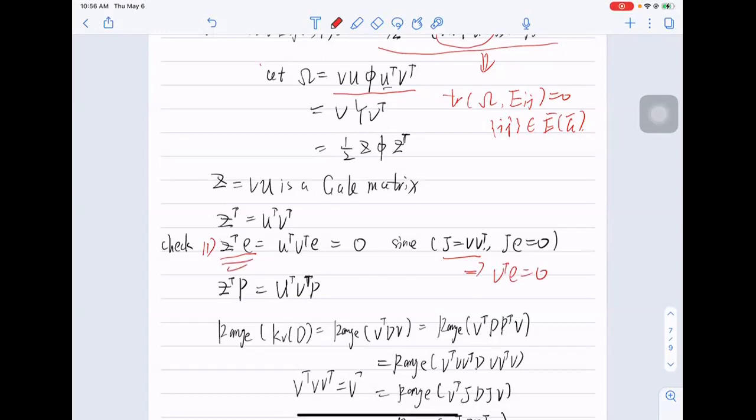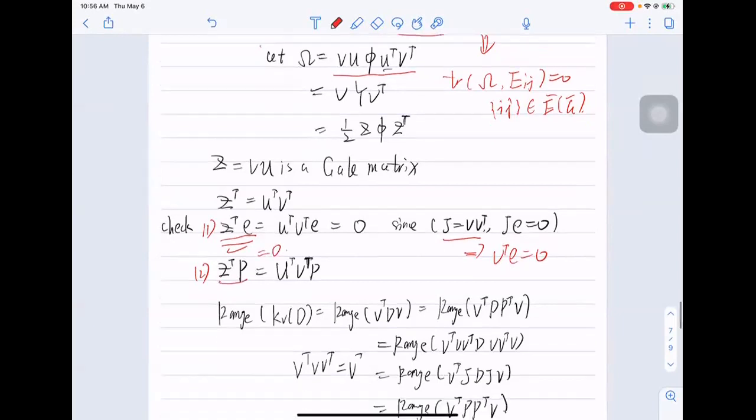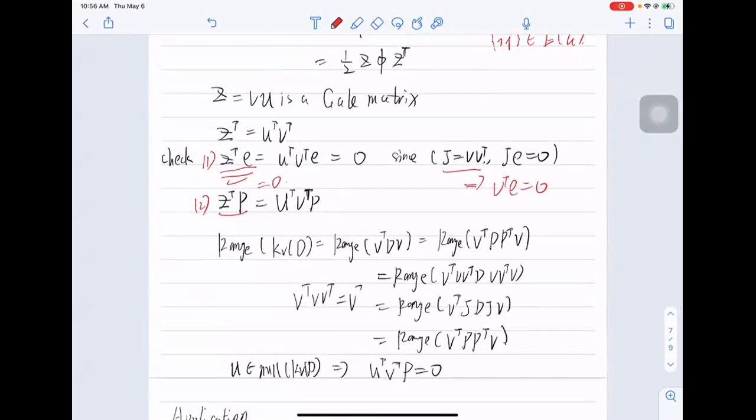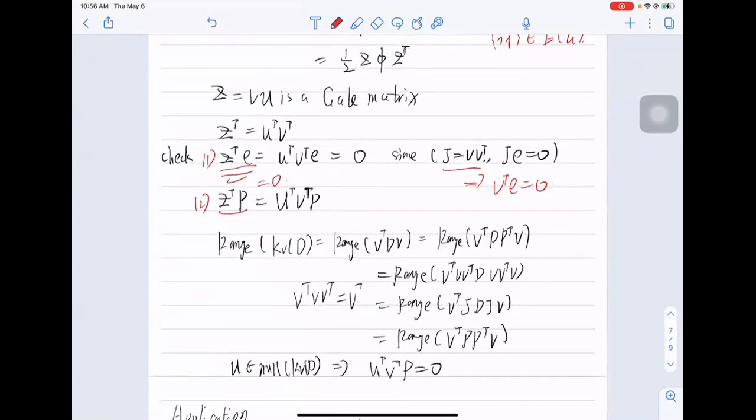Now I need to check Z transpose P is 0. So I need to check this is 0. Z transpose P is U transpose V transpose P. Now I have the range of KVD is the range of V transpose DV, which is the range of this.